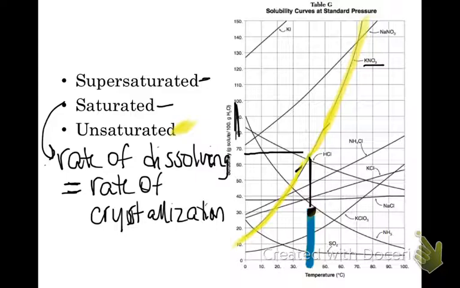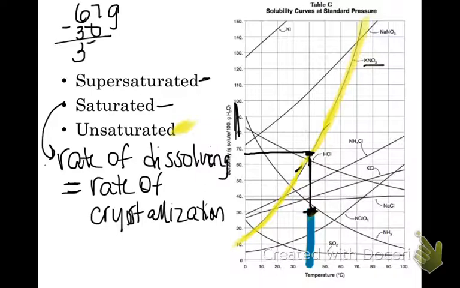So they might also ask you that question. If given 30 grams of KNO3 at 40 degrees Celsius, how much more solute can be added for it to become saturated? So you take whatever the saturated point was. So say it's 67 grams. And here we said we only put 30 grams in.